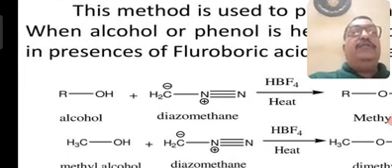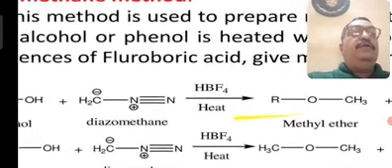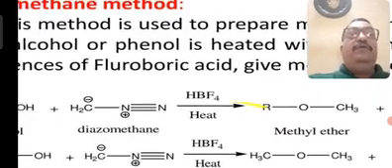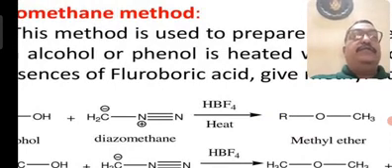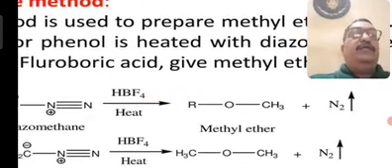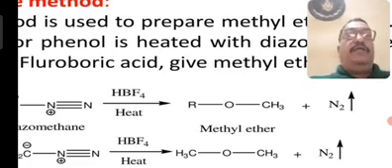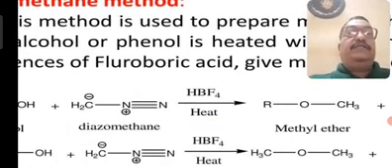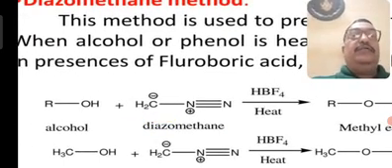It is actually like a diazonium compound, but diazomethane is CH2 minus and N plus triple bond N. In the presence of fluoroboric acid, HBF4, just heat it, and you will get ROCH3 and elimination of nitrogen. The CH2 group will attack this oxygen as a CH3.